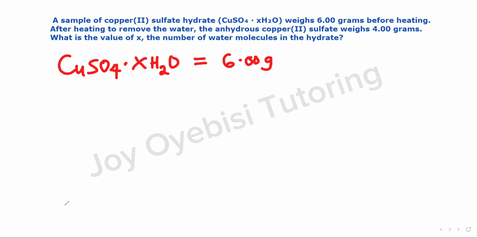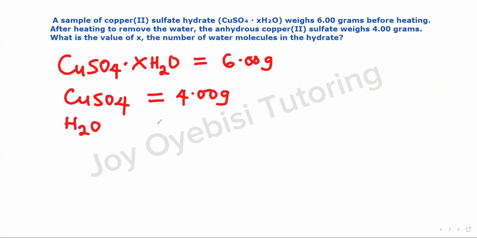Now, when a hydrate is heated for a long time, the water is driven off. And after that, this is going to be the one remaining, okay, because the water has been driven off. So the anhydrous copper 2 sulfate, the mass after water is removed, is 4 grams, which means that the mass of water would be 6 minus 4, which is going to give us 2 grams.